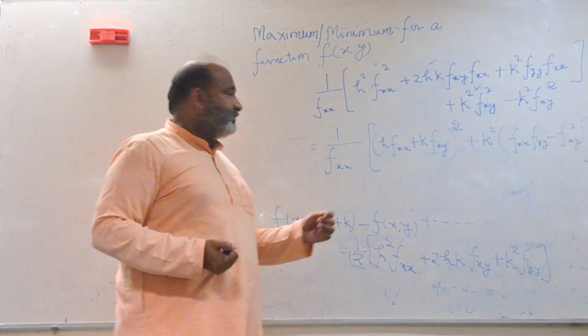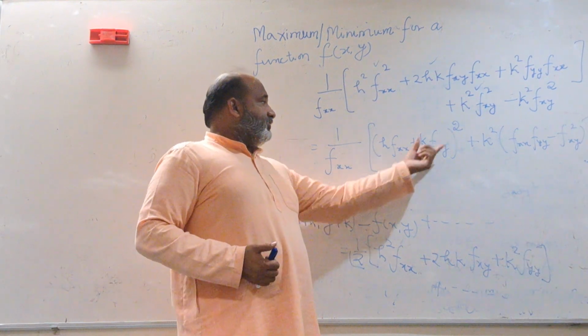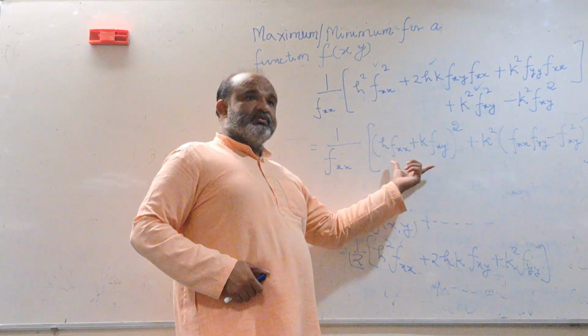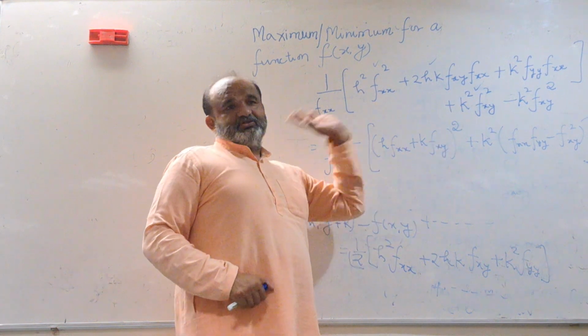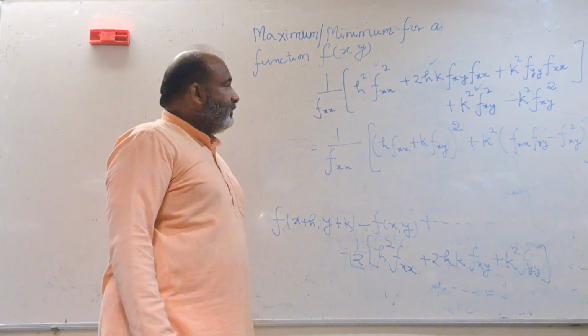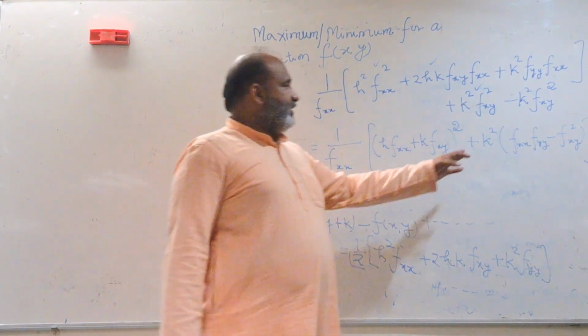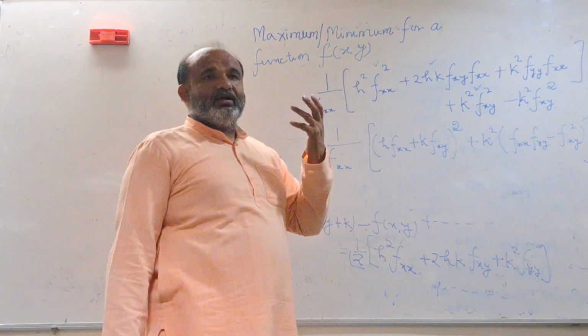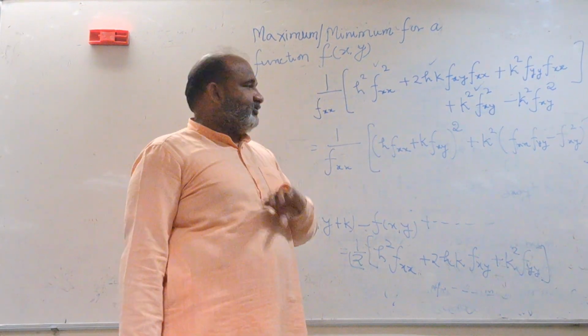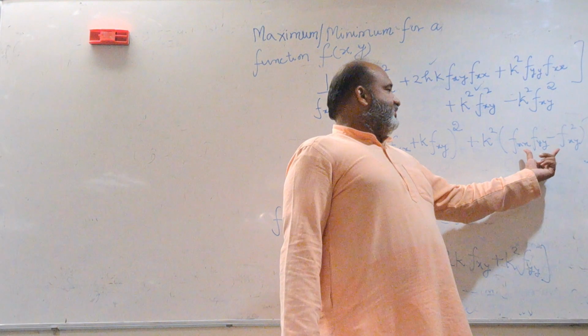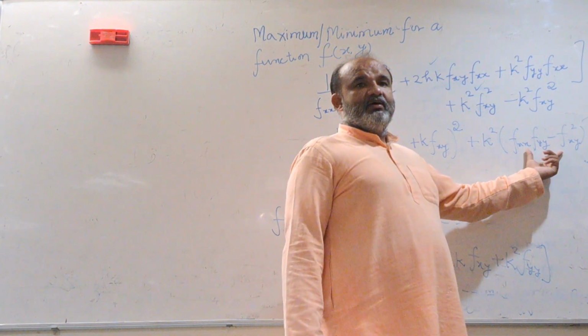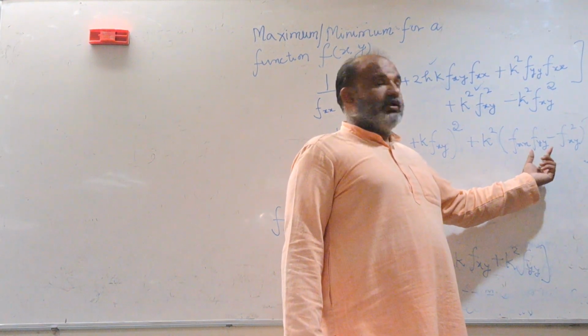Now see here, because it is the complete square of this term, this will always be positive. Is it okay? Plus k square, k square will also once again be always positive. Now the sign of this term, fxx fyy minus fxy square, will play its role.